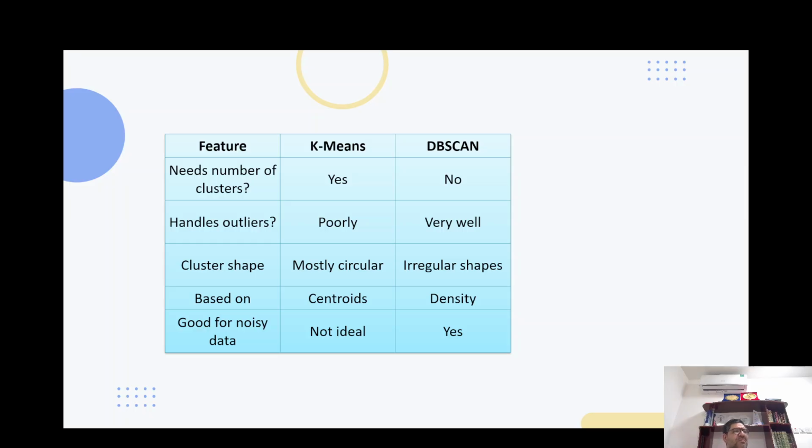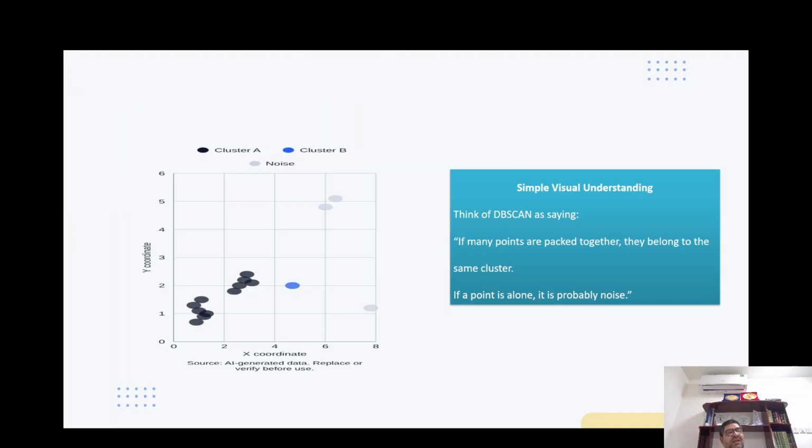K-means is based on centroids, a concept we discussed in quite some detail when we were discussing k-means, and DBSCAN is based on density. K-means is not an ideal algorithm for noisy data, but DBSCAN is very much ideal for noisy data, because its job is to identify the outliers.